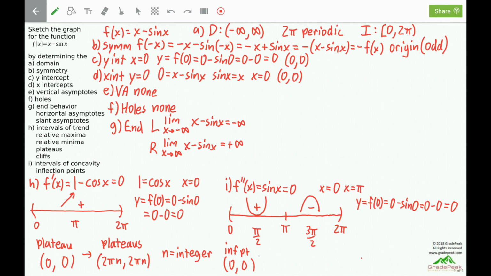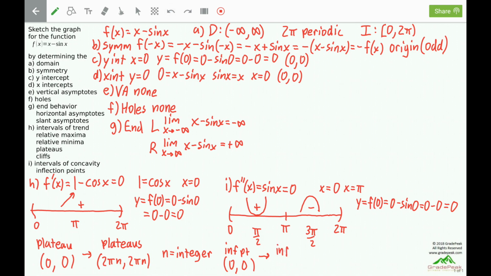We can extend this to the entire domain using the 2 pi periodic nature of sine x. We can add to each x value the period 2 pi times n, an integer. The x-coordinate is definitely an x value. The y-coordinate, again, because f of x equals x, combined with a trig function, will also be an x value. So we'll add 2 pi n to each of those.